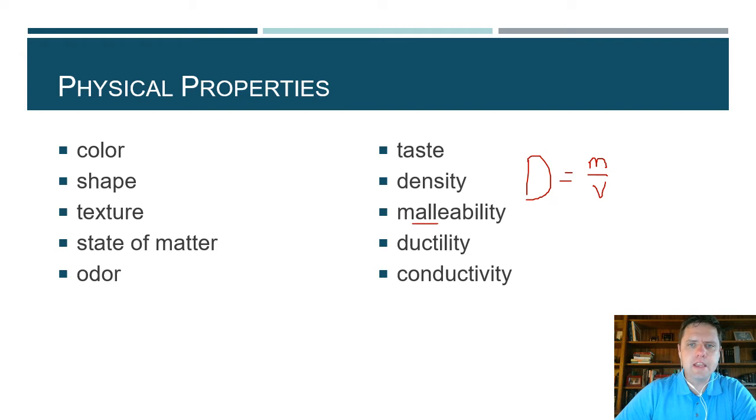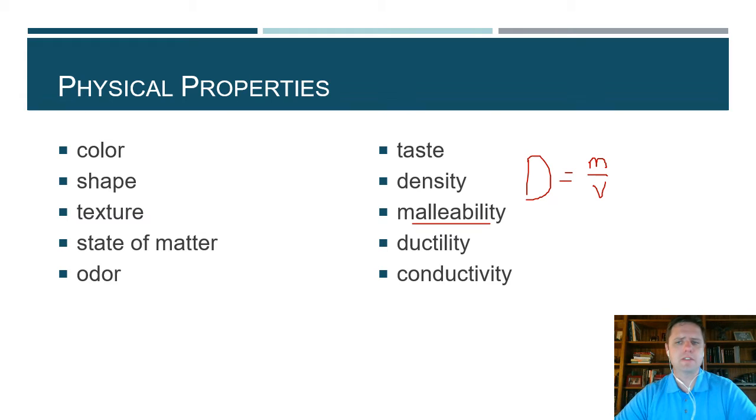Now, malleability is the ability to hammer something into thin sheets, like to press it out. We usually think about this with metals. Probably the most famous example of this is gold. Gold is exceedingly malleable. You can take a small amount of gold and press it out very, very thin, and it can then be overlaid on all kinds of things.